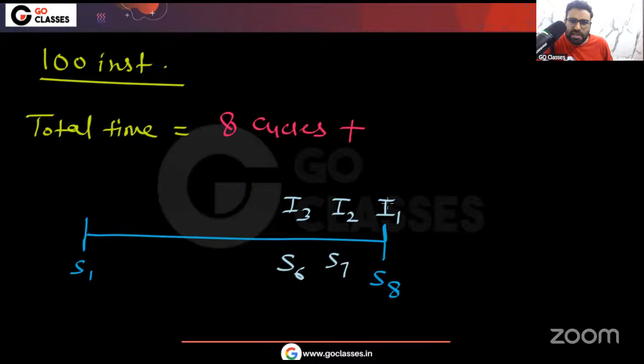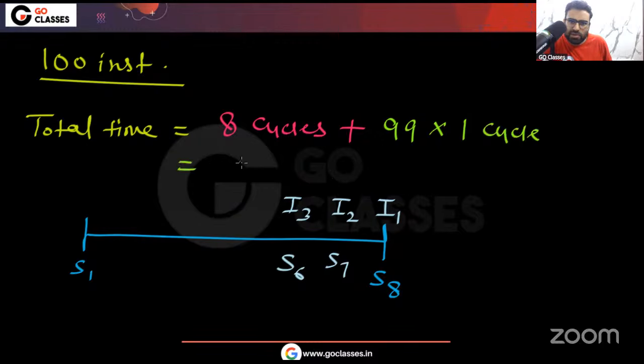But after the first instruction completes, in every clock cycle one instruction will complete. So the remaining 99 instructions will complete in consecutive cycles.